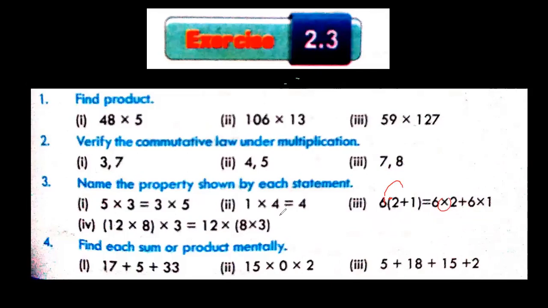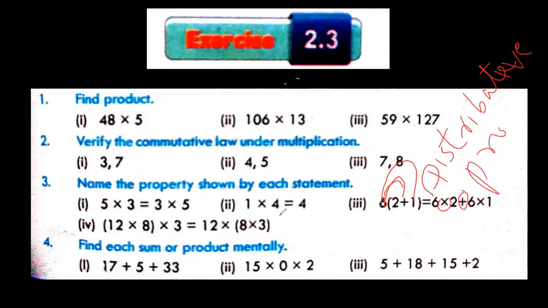Here it is multiplication, there is addition. This 4 is distributed with 2 as well as with 1. So this property is known as which property? Distributive. You can find the spelling, distributive, T-I-V-E, distributive property of multiplication over addition. Yes.